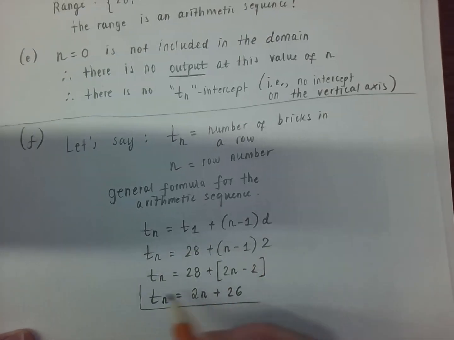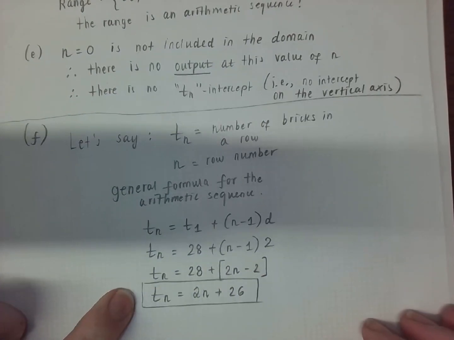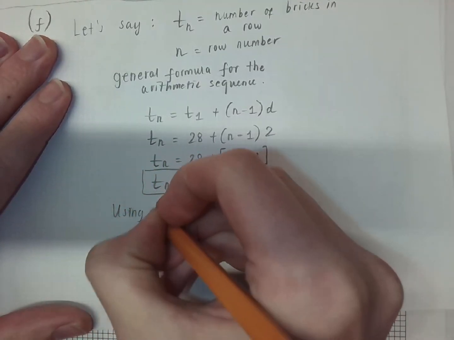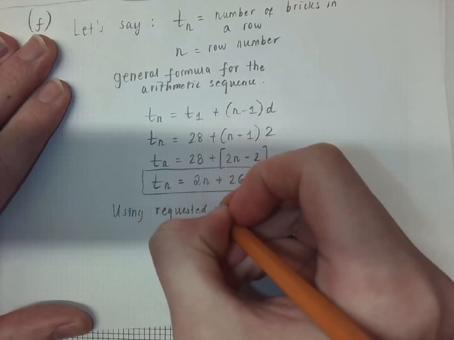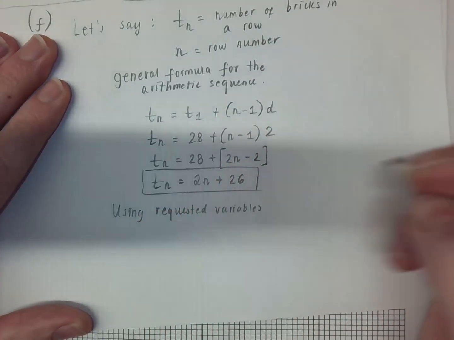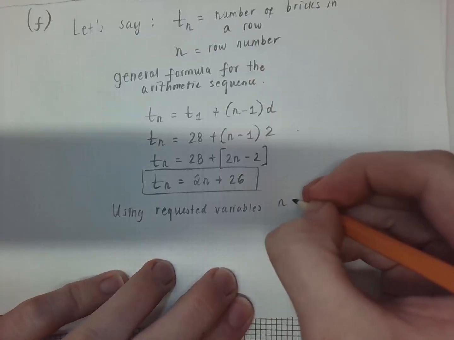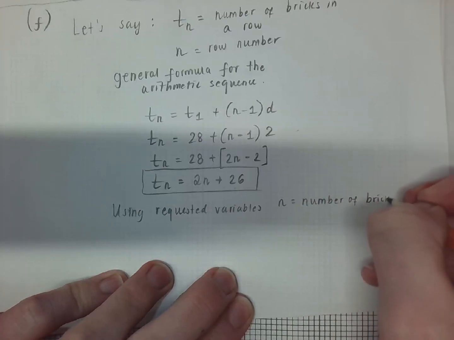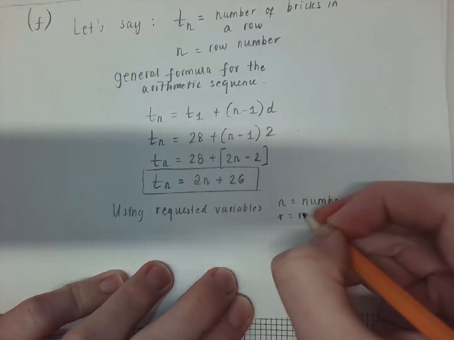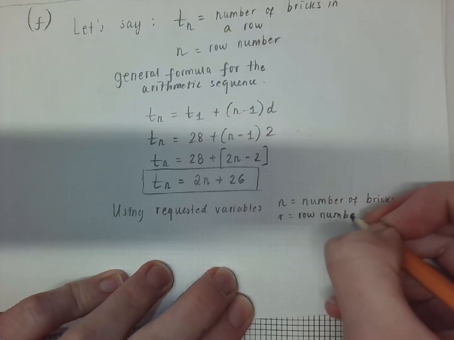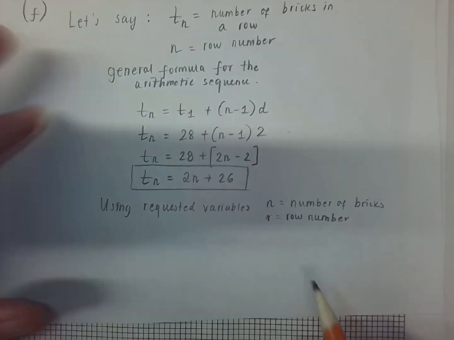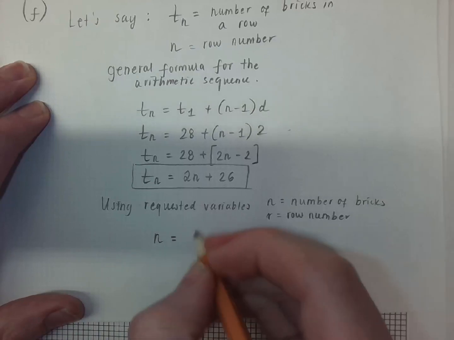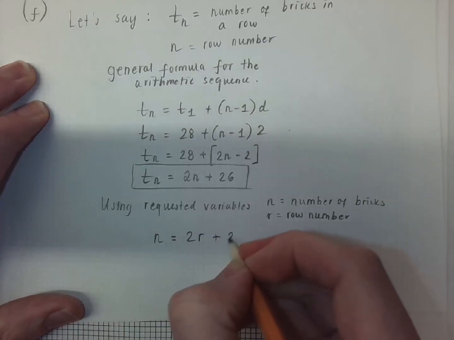So as a general formula, it can look like this using the requested variables. N for number of bricks and R for row number. I know this is a bit confusing because I already used n in an arithmetic sequence way, but let's just say then it would need to be, number of bricks equals 2 times the row number plus 26.